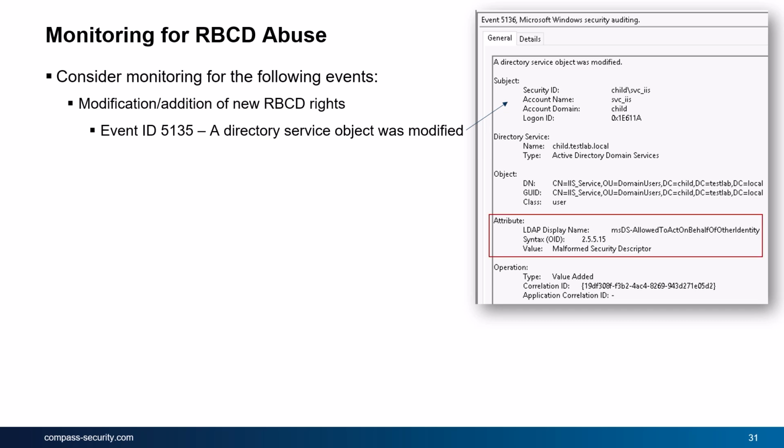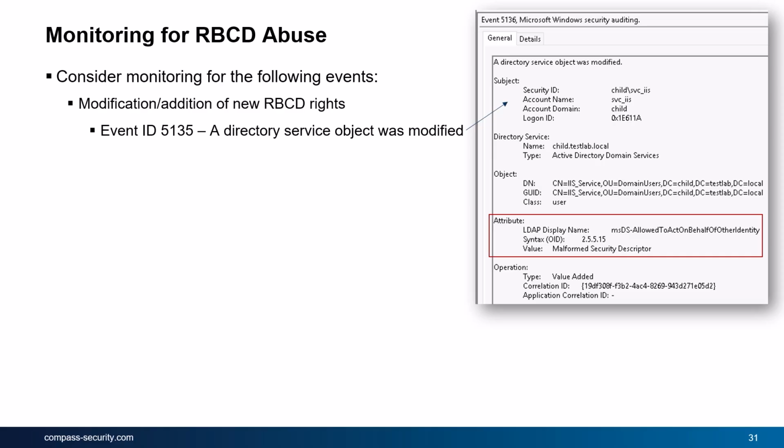Specifically, you'll have to look for the change to the msDS-AllowedToActOnBehalfOfOtherIdentity attribute. Now, interesting to see is that whether you change it by PowerShell or you use a tool like Impacket, as we've done in the demos before, the value displayed here as the new value of the attribute is always a malformed security descriptor. So you will have to dig more into the log files or into the configuration to actually retrieve the current value of this attribute. But at least you get informed about the attribute being changed.